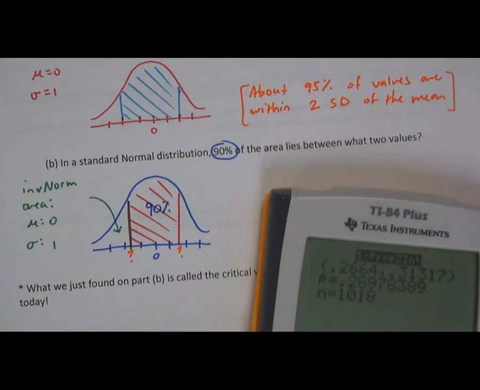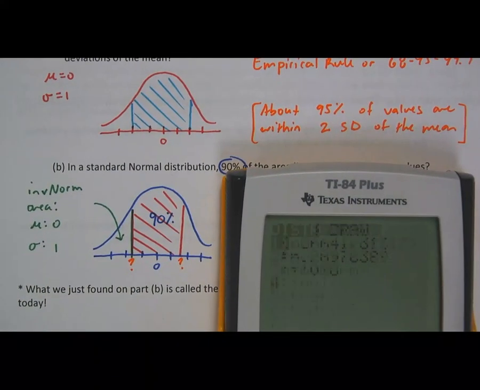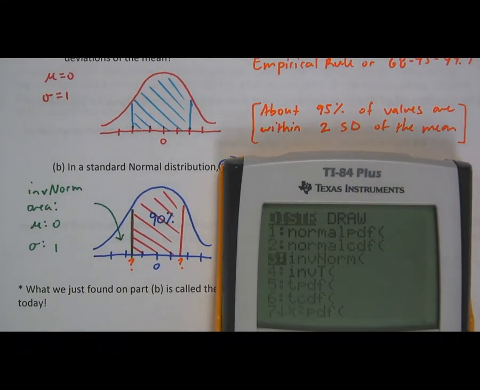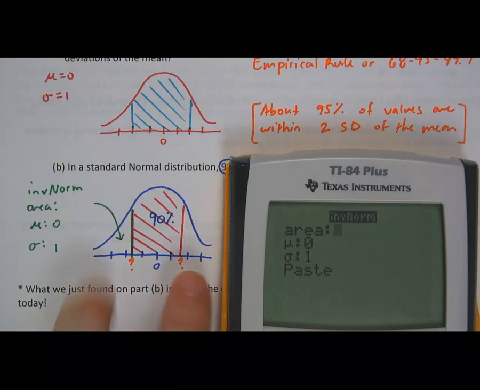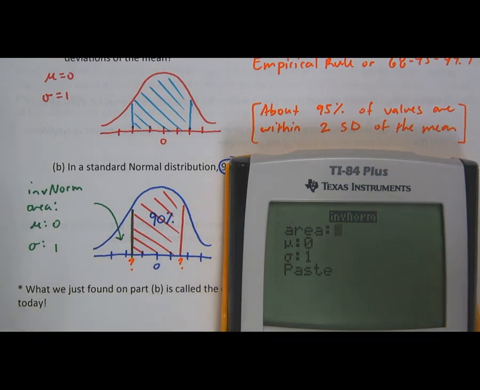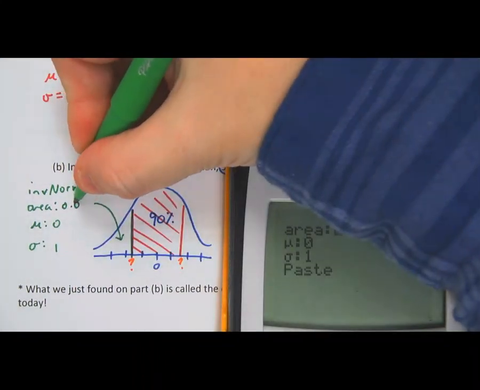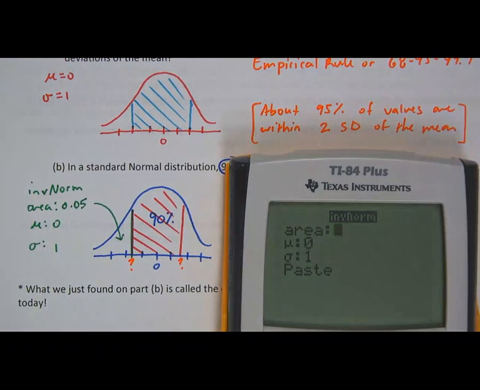So go to your calculator and go to second vars, inverse norm, and the area to the left of this critical value. Well, if I take 90% out of the middle, then I've got 10% left for each tail. So that means there would be only 5% in this tail. So the proportion of the area I'm going to type in is 0.05.